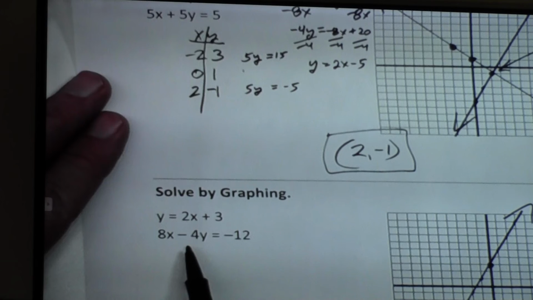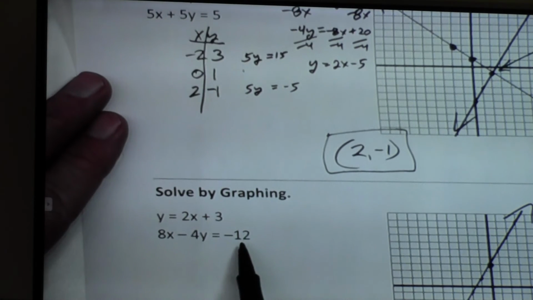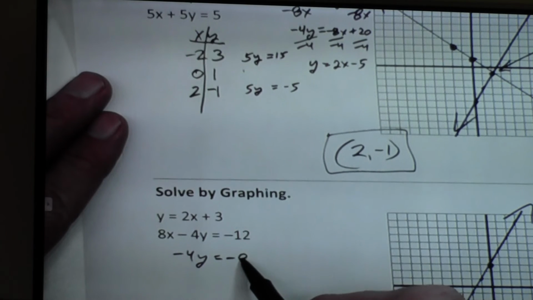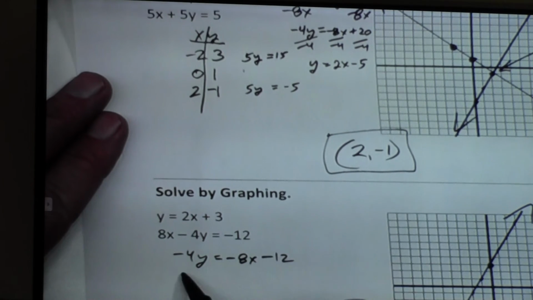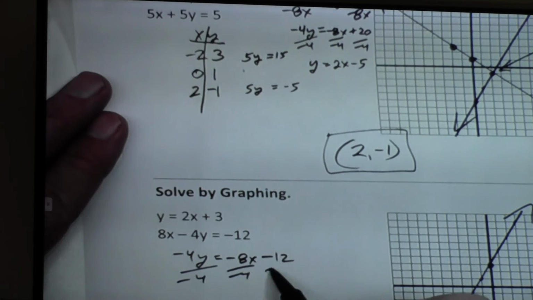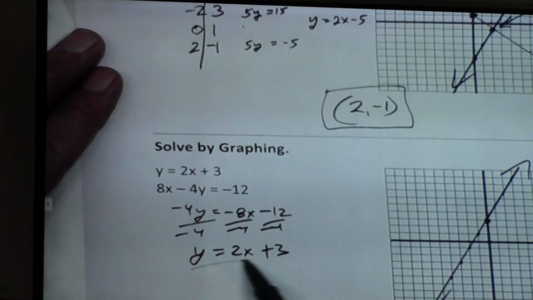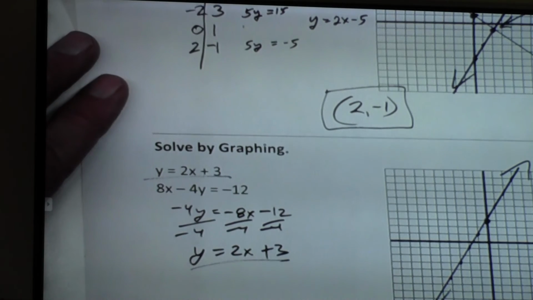And then here, well, I have a number of ways to do it, but to me it's still easier to put it in slope-intercept form. Y is equal to 2x minus, minus and minus makes plus. Oh, that's interesting. This is the same as that one.